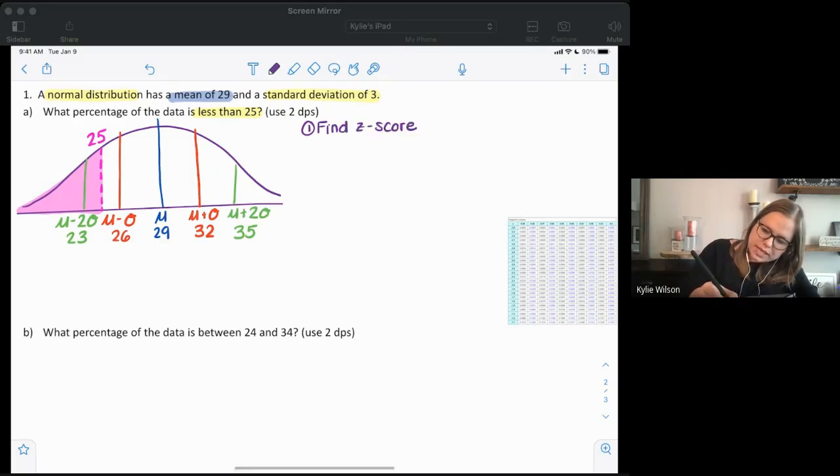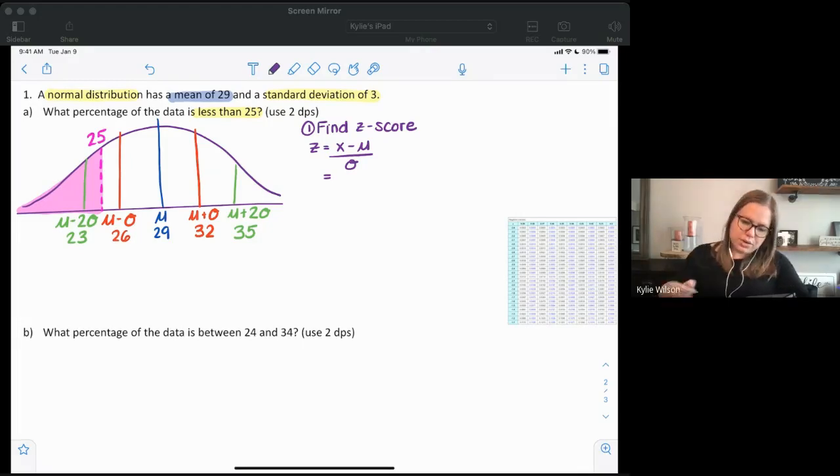That's the first thing we have to do. In other words, figure out how many standard deviations away from the mean this point is. So my z-score formula, you'll be given this on the quiz, but just so we remember, it's our data point minus our mean divided by our standard deviation.